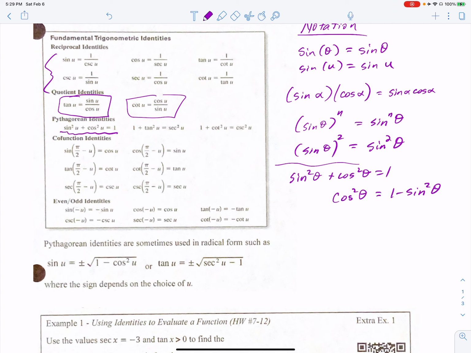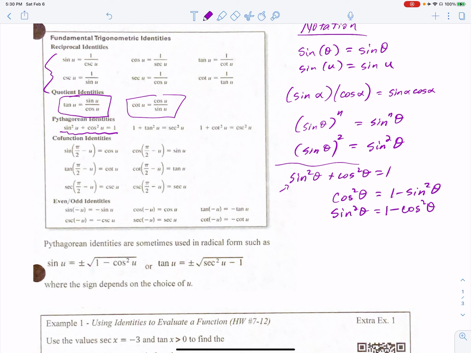I can do the same thing, but instead solve for sine squared. If I take this original one and solve for sine squared, I move cosine squared to the other side, and I get 1 minus cosine squared theta. At some point we are going to take cosine squared theta and replace it with 1 minus sine squared, and take sine squared theta and replace it with 1 minus cosine squared theta.